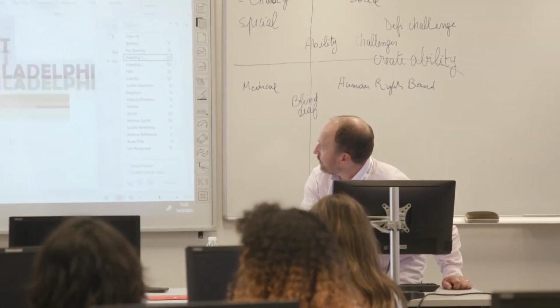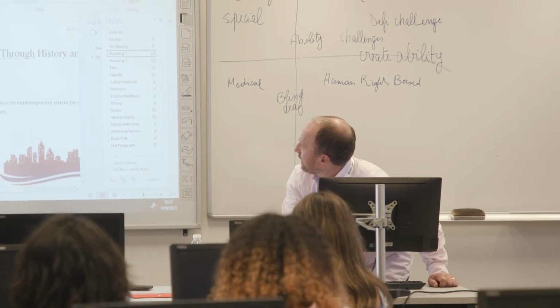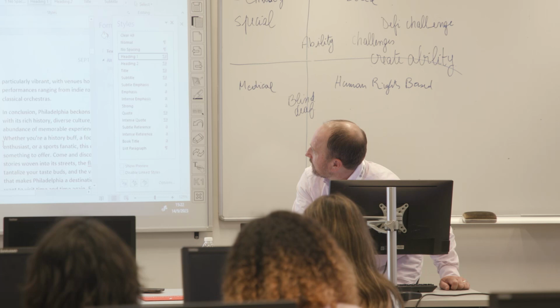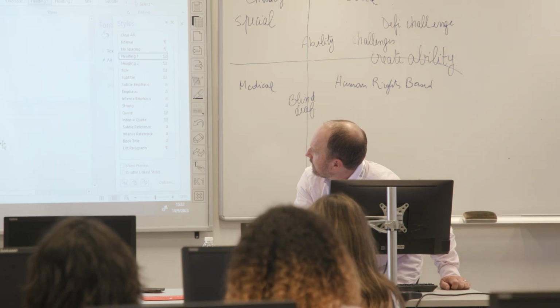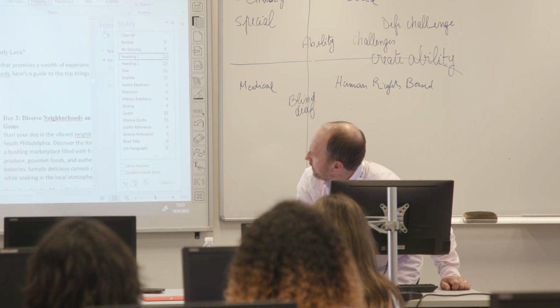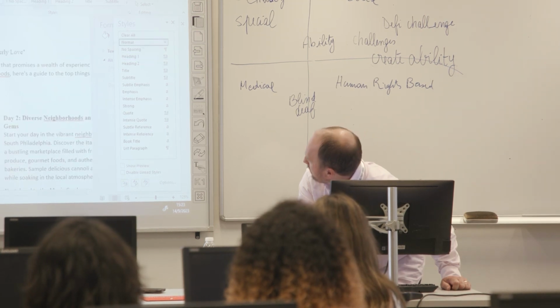Go down a little bit further here. Here we go. So here's another heading, right? I'll come over here to heading 2 and say update heading 2 to match selection.